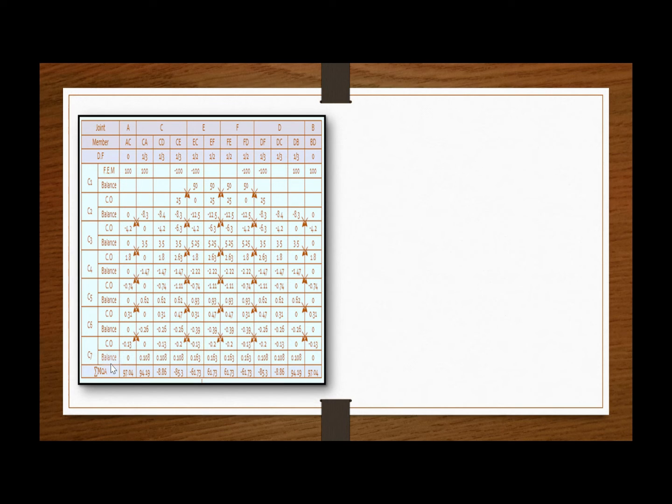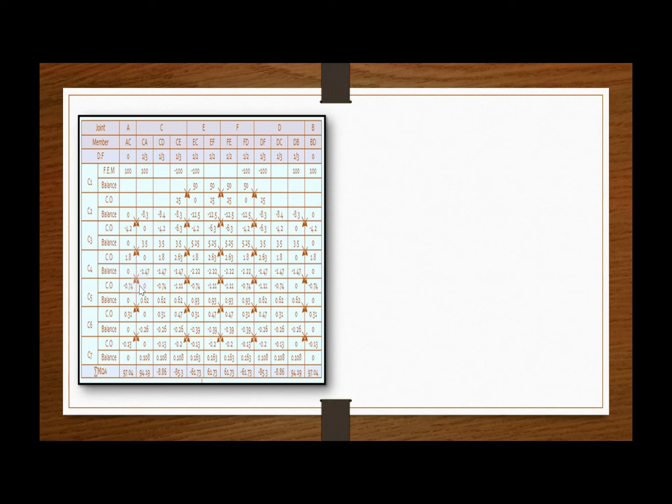And here, summation of M_A is 97.04. Sa joint A, member AC, our summation of M_A is 97.04. Pinla-plus lang natin all the numbers here to come up with this number, 97.04. Also here, 94.19.